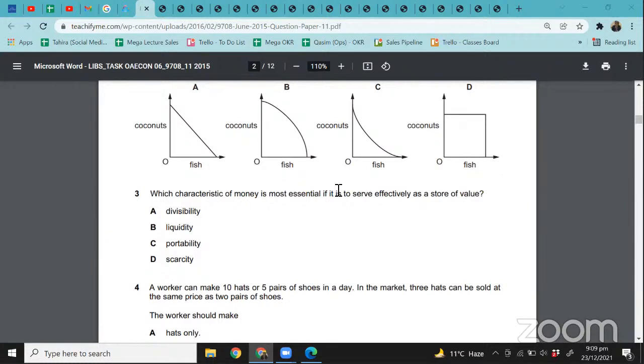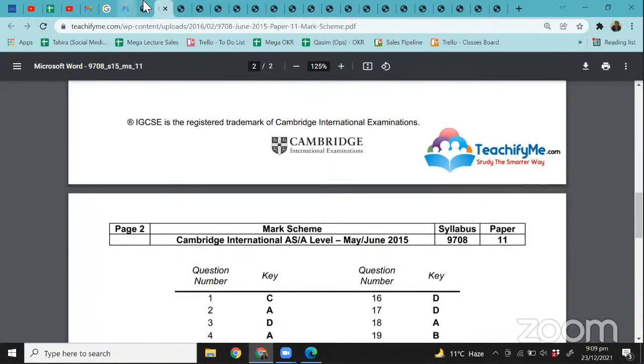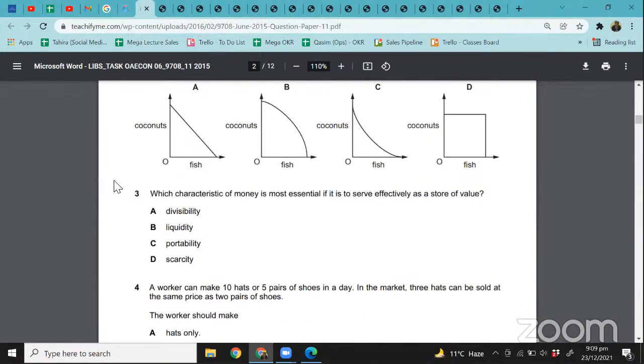Zohan is saying B, liquidity. Okay, I think the correct answer is D. Why? Think about this. Scarcity means that that thing is in limited supply. When something is scarce, that means it is in limited supply, and that is why it has value.